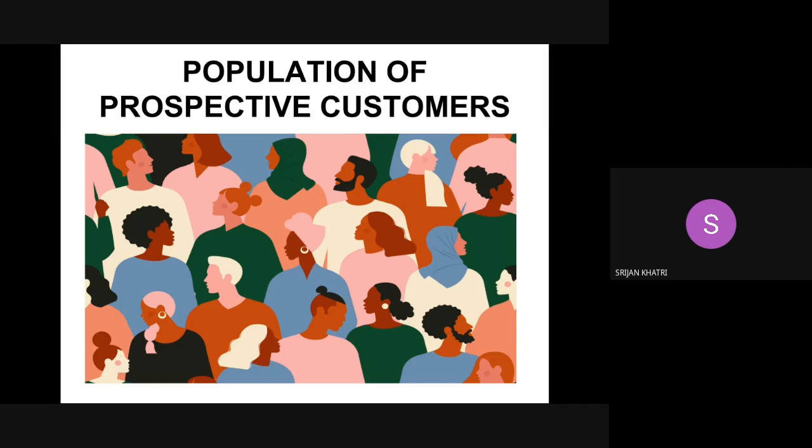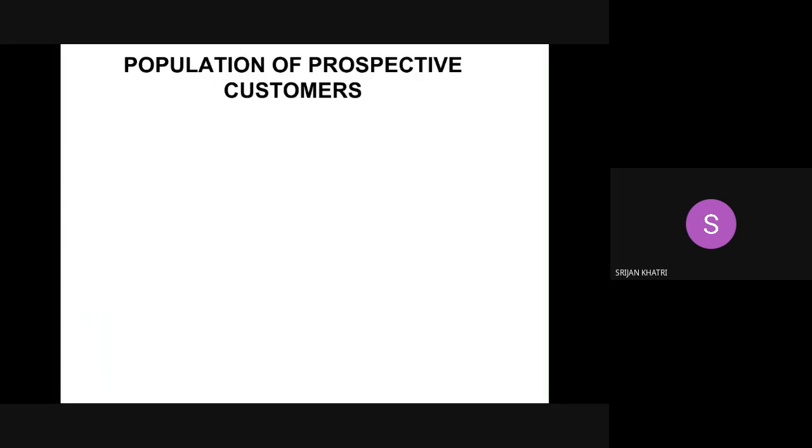We have the population for purchasing items from the grocery shop. We have the population for seeking reservation from the reservation counter. We all are the population, right?